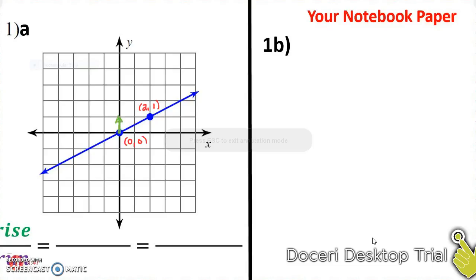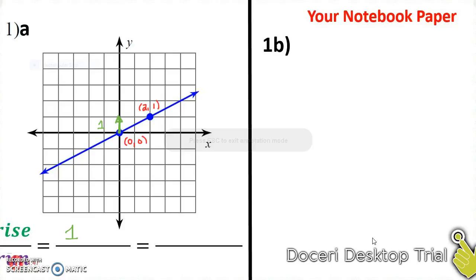My vertical movement is up 1, so my rise is positive 1. If I were moving down, I would have a rise of negative 1. So I know that the rise is positive 1, but I'm still not at the point that I was trying to get to.